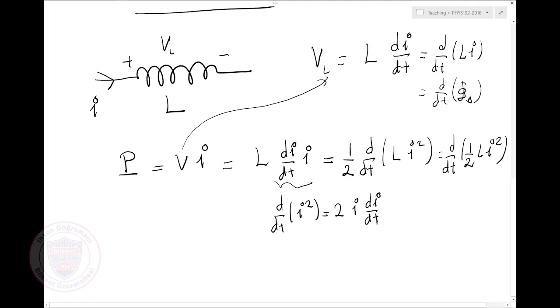So the power is the time derivative of something. This combination, 1/2 L I square. What was our definition of power? It was energy transferred or dissipated or stored per unit time. So what should this be?